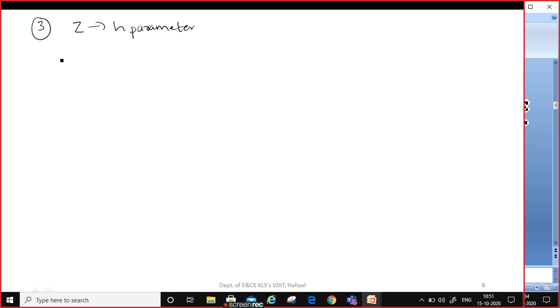Z in terms of H parameters means first you have to define the H parameters. So, how do we define H? Can anyone recall? Hybrid.